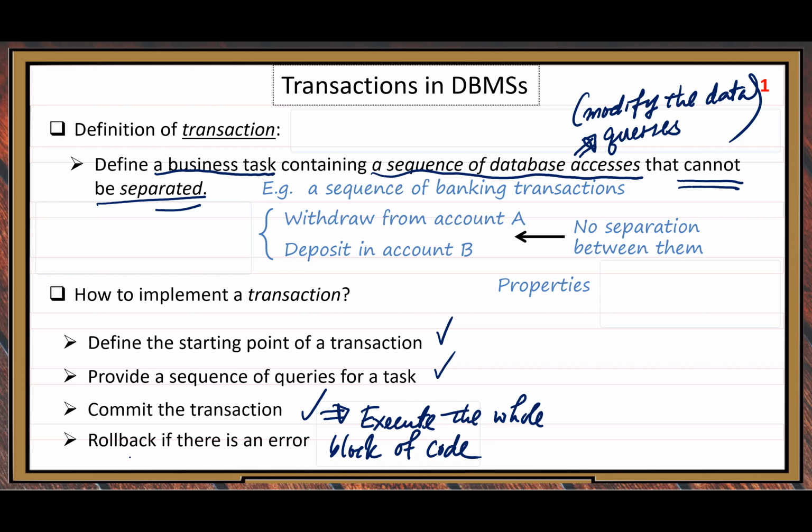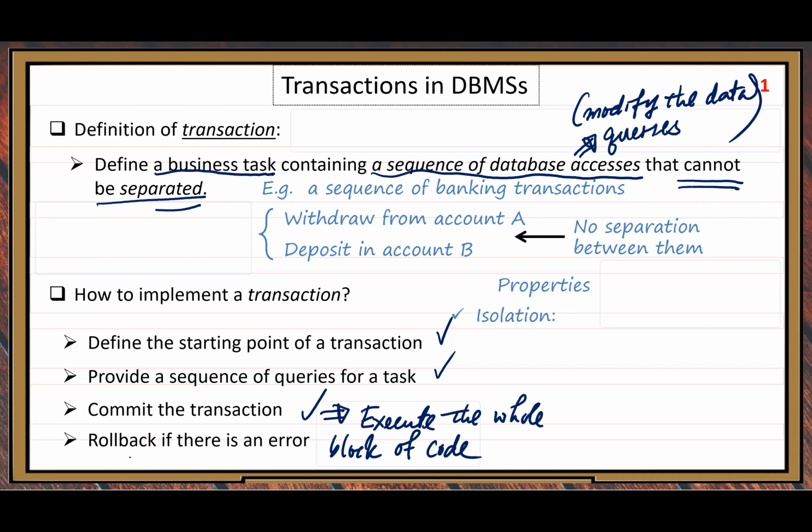There are 2 important properties. The first one we call the isolation property. Isolate. Your transaction, that group of code, must be isolated, with no interference from other transactions. Now, in your DBMS, you may have many transactions, right? Not only one.